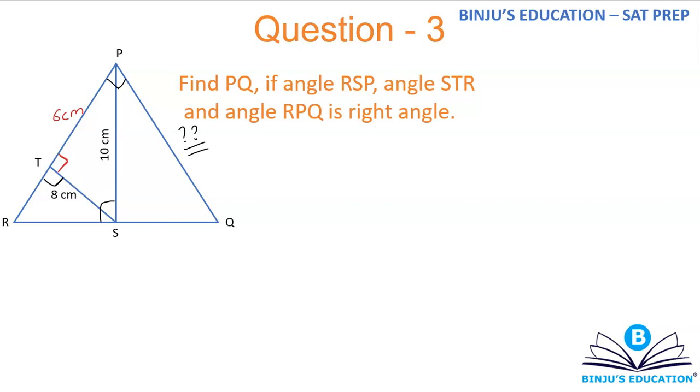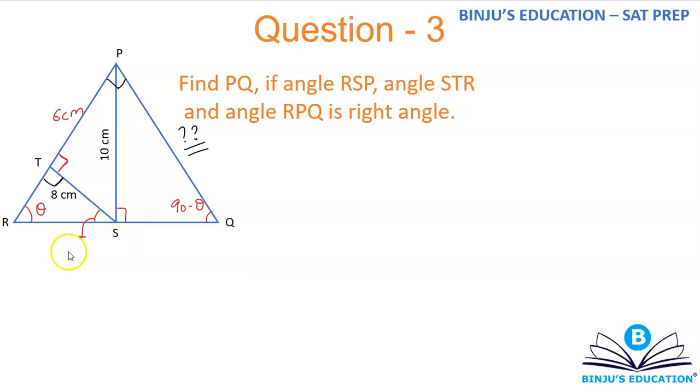Now what we'll do is we'll again start with naming thetas. So this R will become theta. P is 90, so this angle will automatically become 90 minus theta. Okay, and this it's 90, and I'm going to remove this RSP because this angle is divided by ST, so rather write the angles individually.